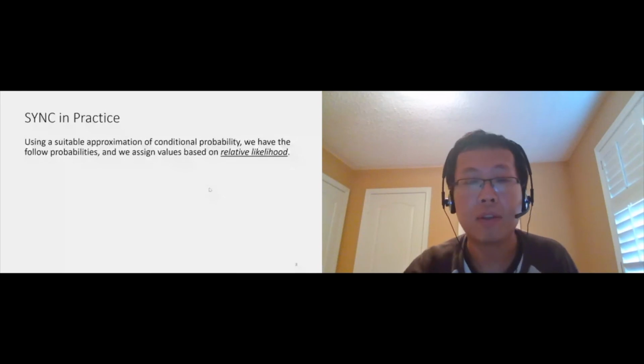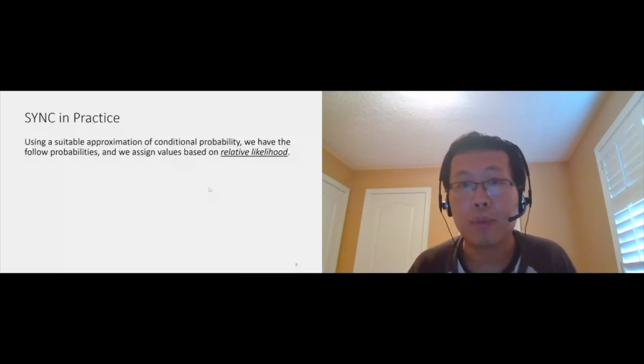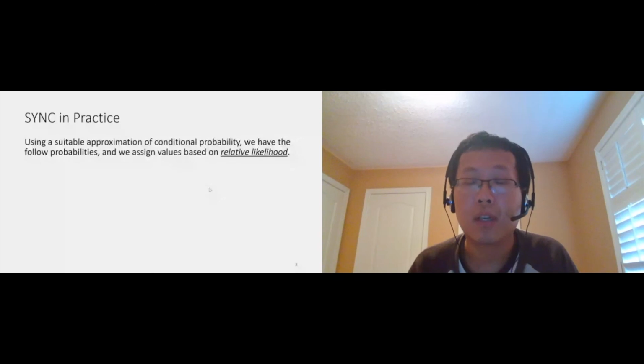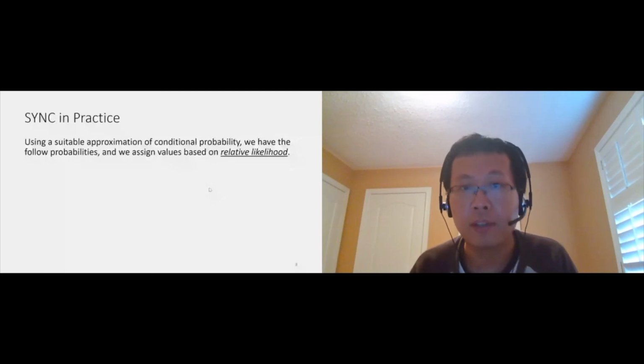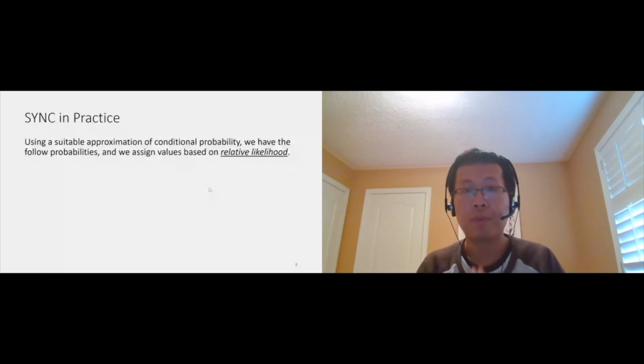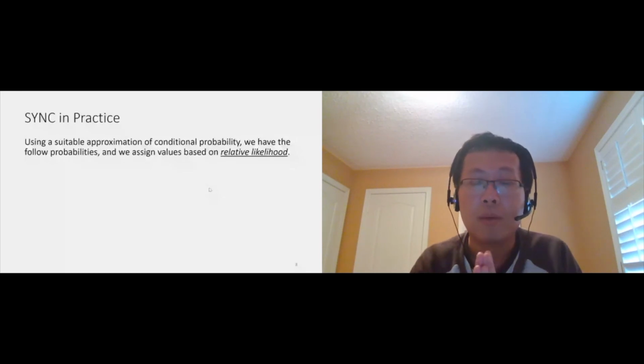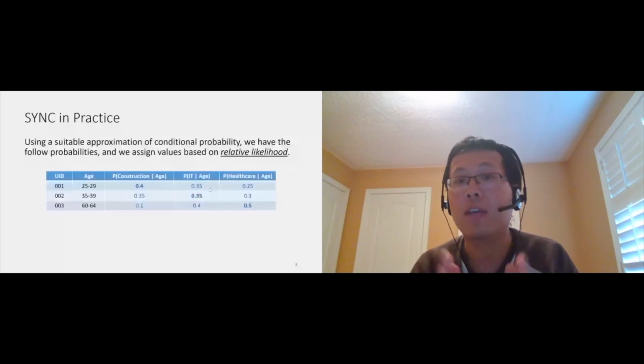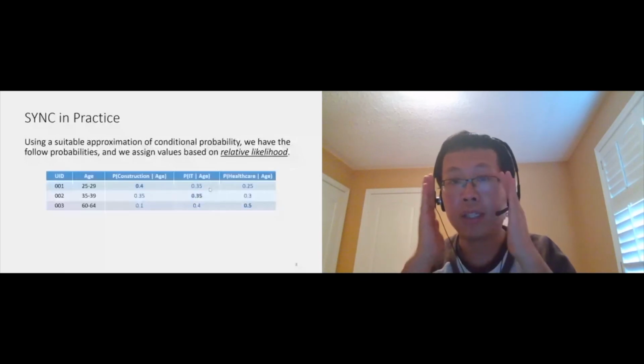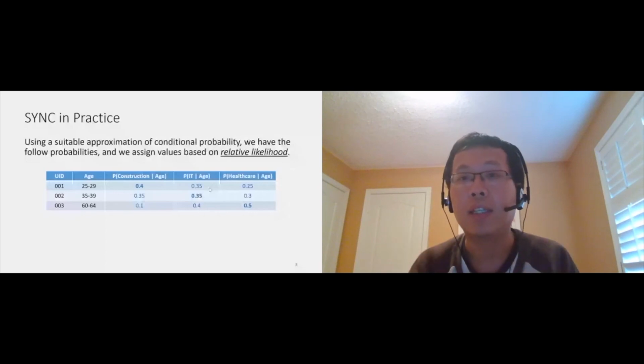So what does that mean? Let's suppose that we made the following predictions based on our approximator, whatever approximator we choose. And we've calculated that for the first person, the probability of them being a construction worker, given their age, is, let's say, 40%. The probability of them being an IT consultant, given the age, is 35.